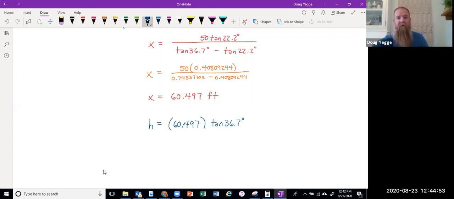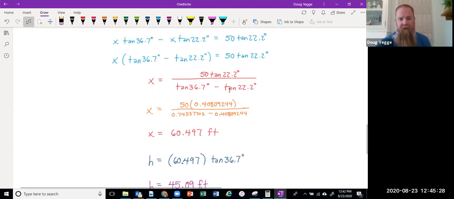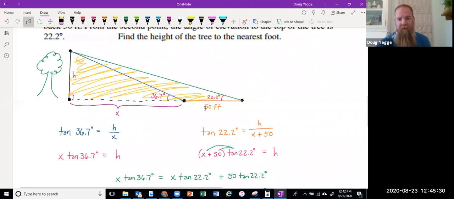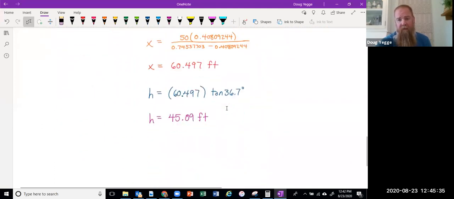Which gives me a final result of h equals approximately 45.09 feet. Or if we're using the significant digits from up here, we could see that this one gave 50 feet. So let's use 2 digits. So we should be able to say that this is approximately 45 feet.